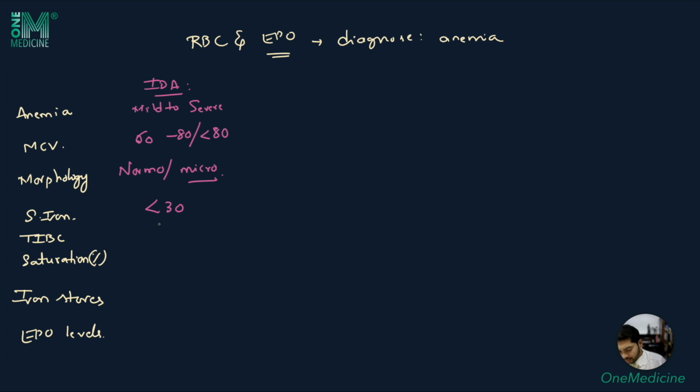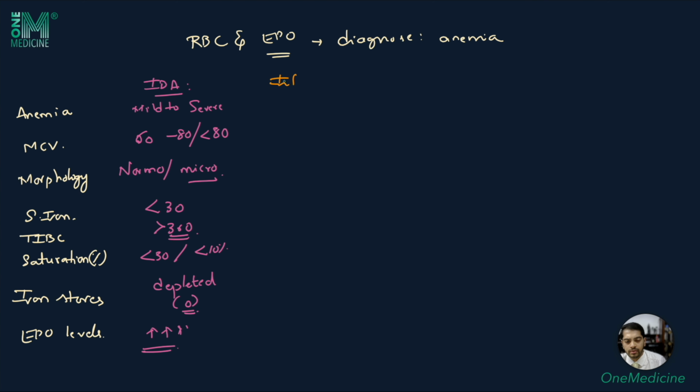Total iron binding capacity will be elevated to more than 350 to 360. Iron saturation will be in mild cases less than 30% but not less than 10%, and in severe cases it can be less than 10%. Iron stores are usually depleted, and in severe disease it can be even zero. Erythropoietin is usually increased. This is a normal response to anemia.